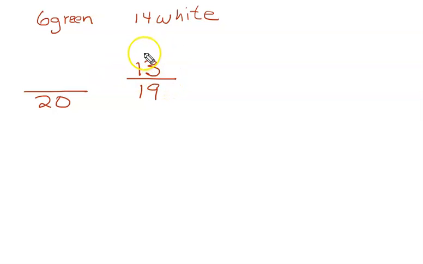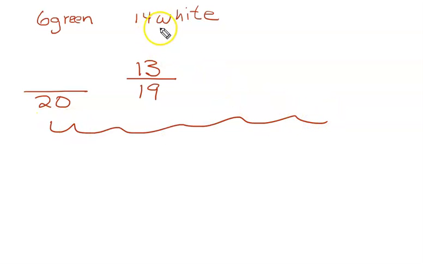Now, just to review, let's do a little review. What would be the probability of picking out first a white? Well, that would be 14 out of 20. And then picking out another white, that's not what they're asking here. They're saying you picked a white. So that's a given.